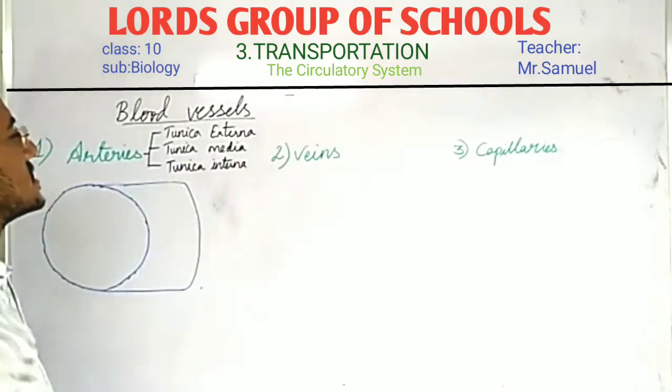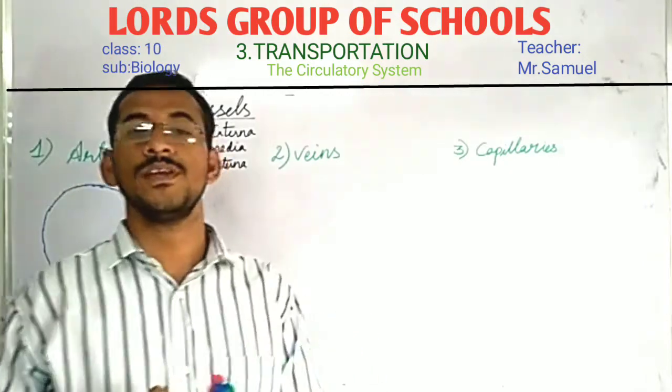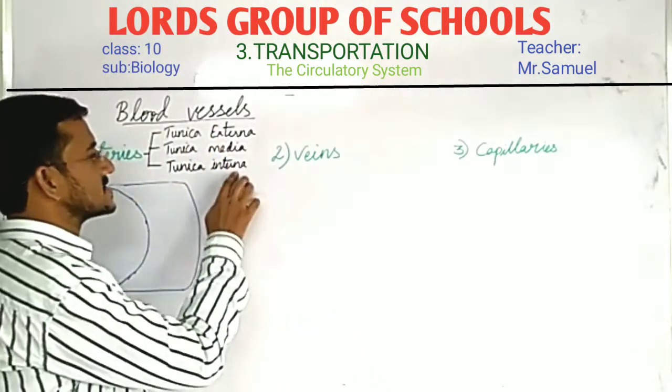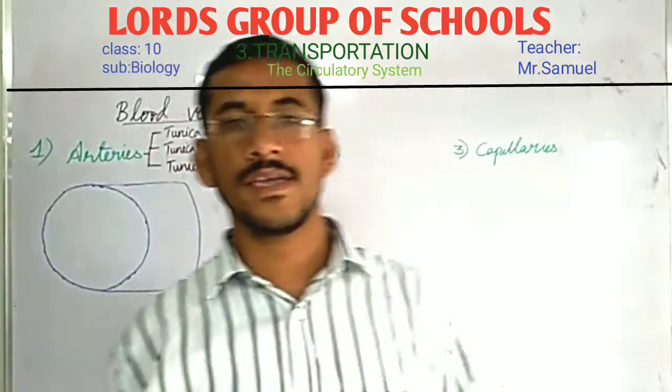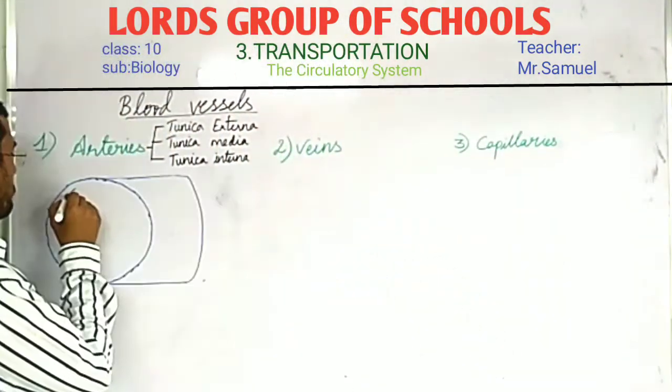This tunica interna is again made up of two layers. Outer is elastin layer and inner is endothelium.